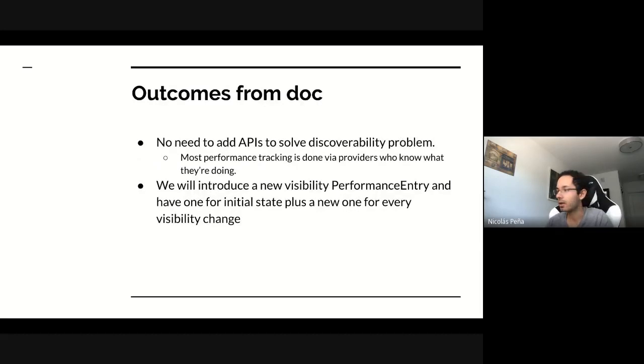So on the doc, it seems there was some pushback to the idea of adding additional API surface to make page visibility more discoverable from paint timing, which I think is mostly fine since most people use performance metrics from analytics providers, or if they don't, then they're already a pretty big company with a dedicated performance team.